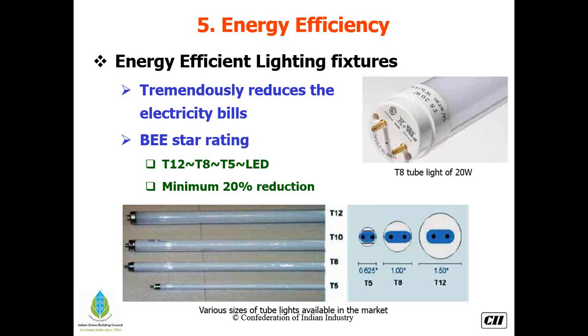One of the major things is that energy consumption comes through the fixtures we use. Most schools use tube lights, so we can use energy efficient or BEE star rated tube lights, which can reduce your energy consumption by at least 20%.